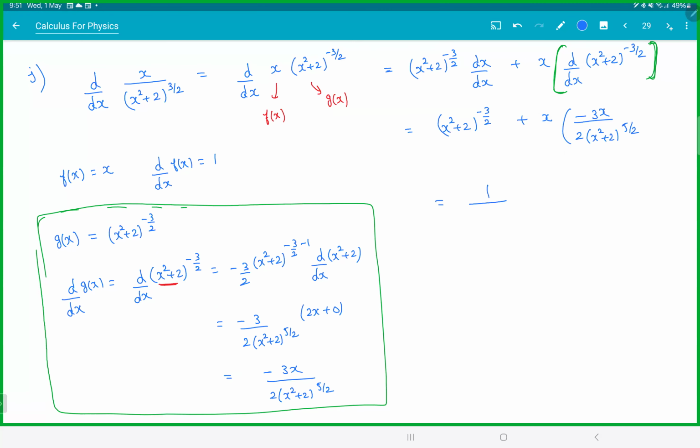So if you can simplify this, this guy would be 1 plus x square by 2 whole power 3 by 2 minus 3x square by 2, (x square plus 2) to the power 5 by 2. Won't it be 6 in the numerator? This 2 and this 2 will cancel, na? Okay, there is a, yeah, the 2 should not come.